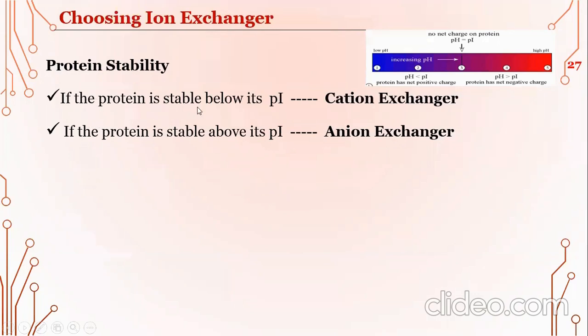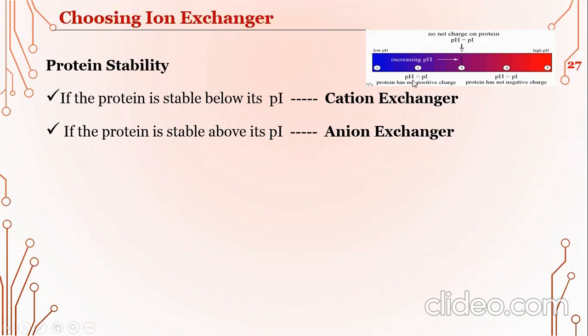If the protein is stable below its pI, then go for cation exchangers. If it is below the pI, the protein will have net positive charges.